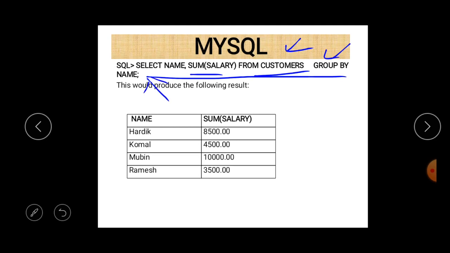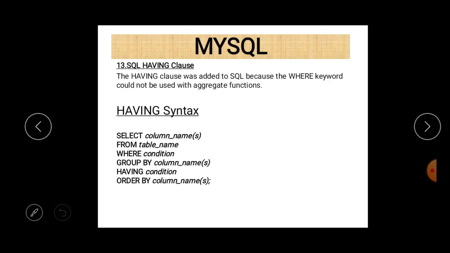And if there is a condition, suppose I want to find the salary less than 8,000, then we write just after group by name, having sum of salary less than 8,000. So the having clause is used to give the condition related to a group.